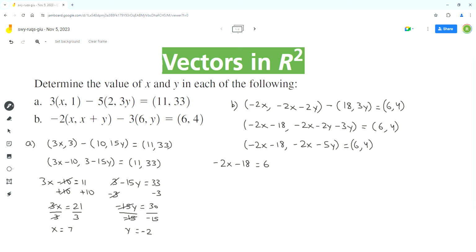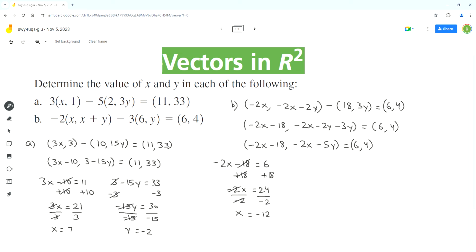So we should add 18 to both sides. Now we can divide both sides by negative 2. So we get x equals negative 12.